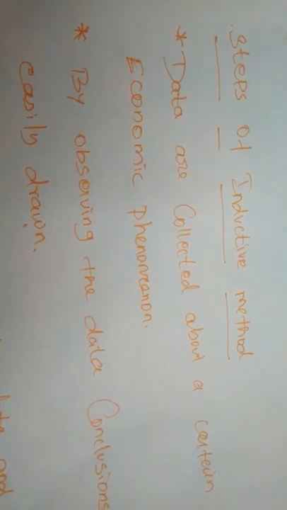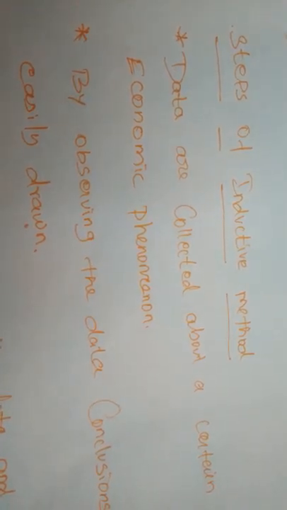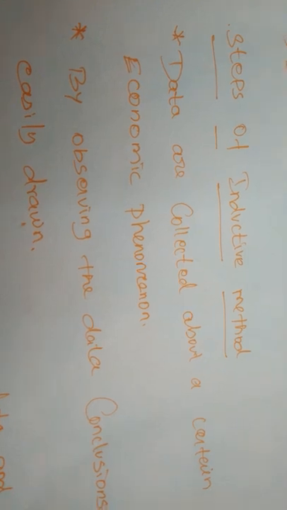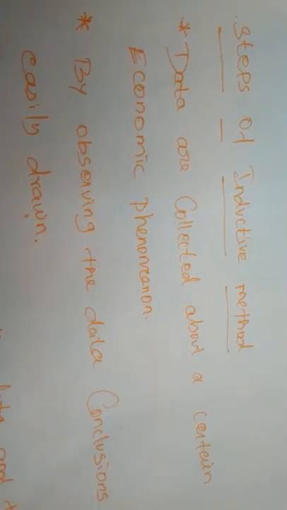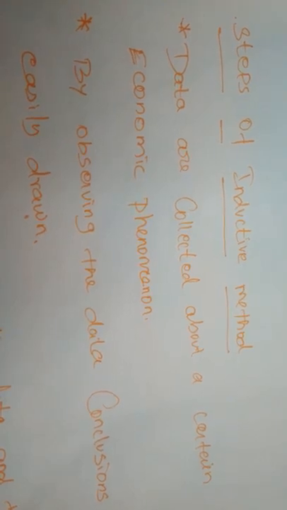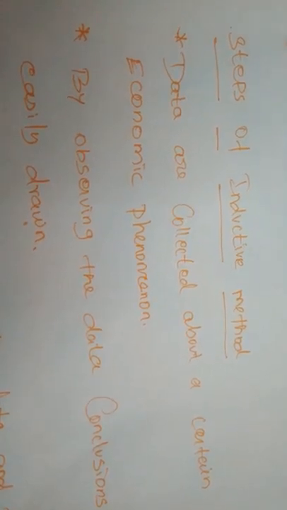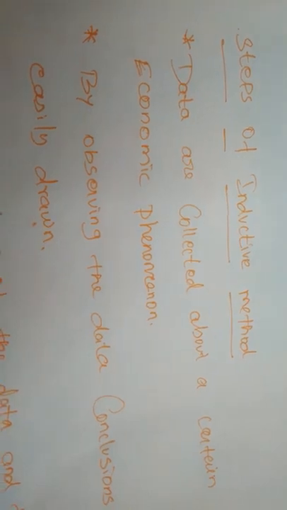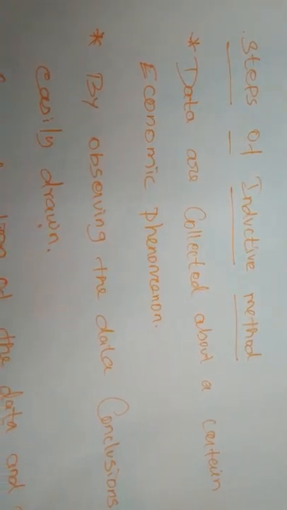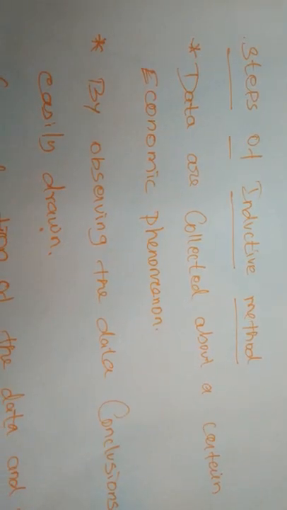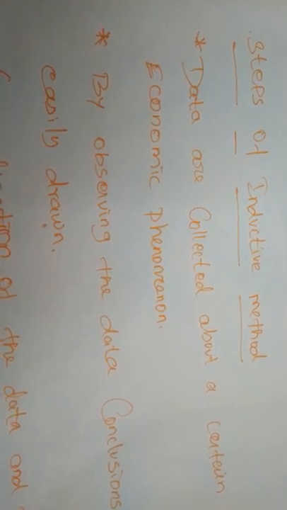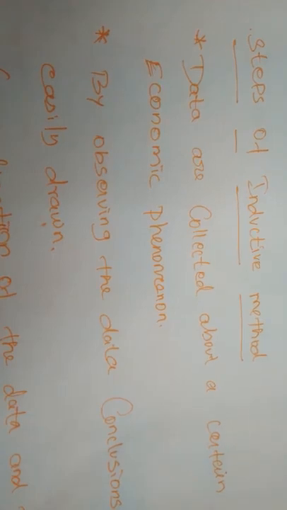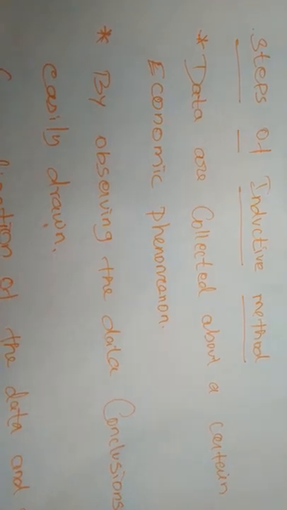If you want to increase food production on the basis of the increasing population, we have to collect data about the increasing population, or the amount of population increase. Then only can we increase food production in the future. Without having the economic phenomenon, we cannot come to conclusions about the problems.